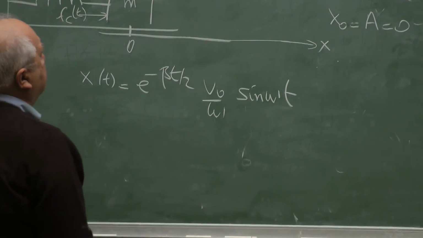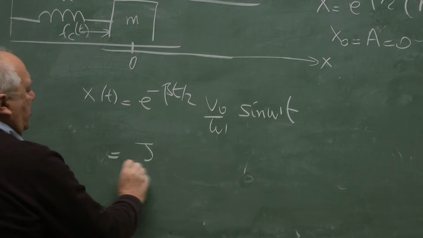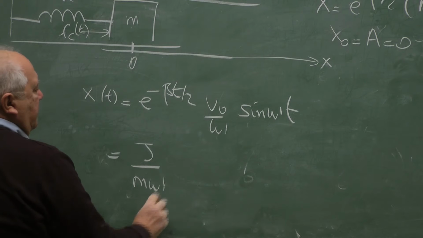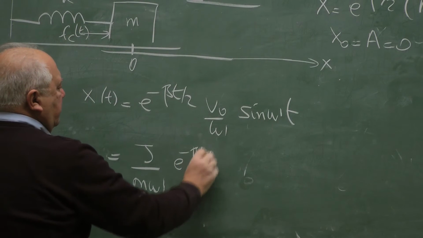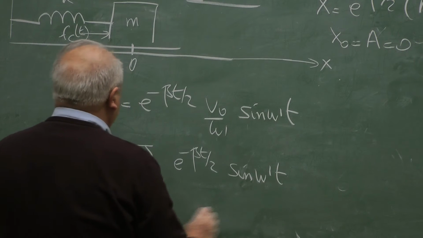Since v0 is impulse j over m, so we have j over m omega prime, e to the minus beta t over 2, sine omega prime t.